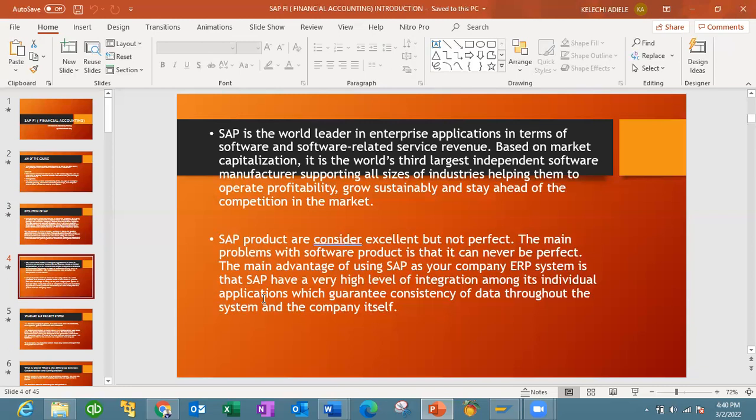Another beauty about SAP, which made it stand out among other ERPs, is that when you procure SAP, it already has a default business process existing in the system.